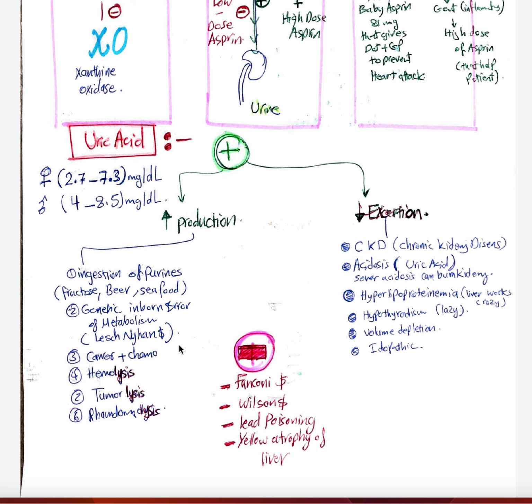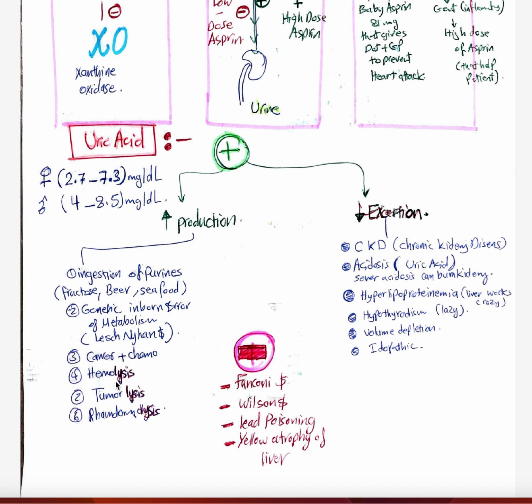And we know that Lesch-Nyhan syndrome is a genetic disorder, an X-linked recessive disease, and it's associated with the inhibition of the enzyme called hypoxanthine-guanine phosphoribosyltransferase. And cancer may lead to uric acid, depending on the type of cancer or chemotherapy.